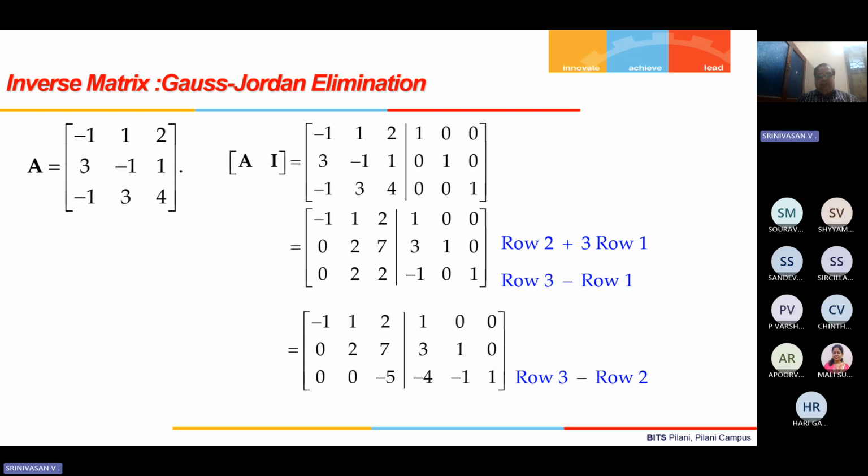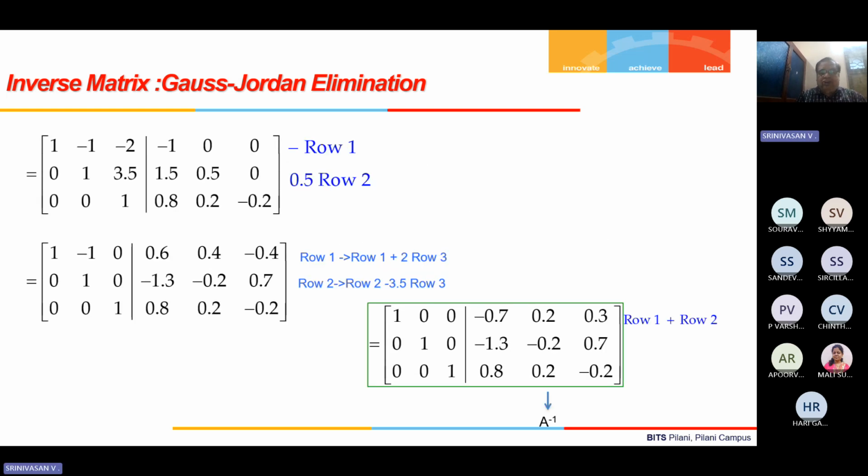So the first element should necessarily be 1. You have minus 1, isn't it? So what is the meaning? Either you multiply by minus 1 or you divide by minus 1, isn't it? So here it is given first row being multiplied by minus 1, minus 1 into row 1.